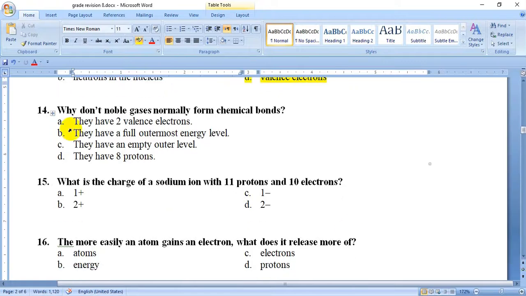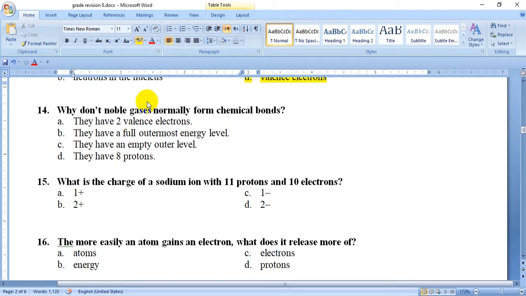Question 14. Why don't noble gases normally form chemical bonds? Noble gases like helium, neon, argon, xenon are group 18, the last group in the periodic table. Usually they don't form any chemical bonds, and they don't have the tendency to form bonds with any elements. Why? Because they have two valence electrons, they have a full outermost energy level, they have an empty outer level, or they have 8 protons.